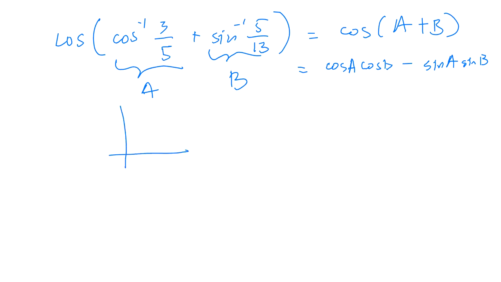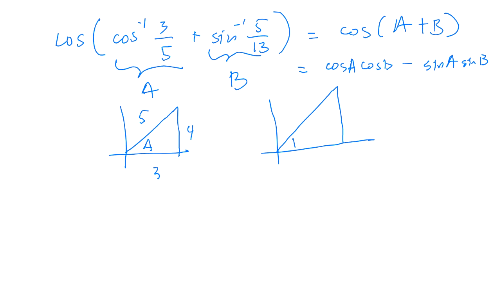They're both positive, so that means that it's in the first quadrant. Cosine is adjacent over hypotenuse, and this is a 3, 4, 5 triangle. And for B, we have sine, so that's opposite over hypotenuse. So this is a special triangle, 5, 12, 13.